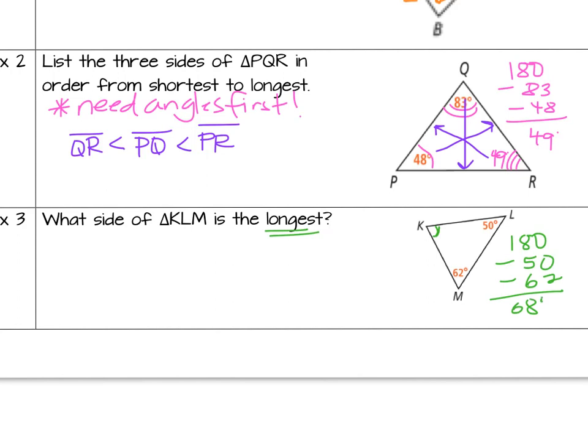So angle K is 68 degrees. Now to determine the longest side, remember the rule is it's always across the largest angle. Out of the three angles in this triangle, K is the biggest angle. Therefore, side length LM is the longest side.